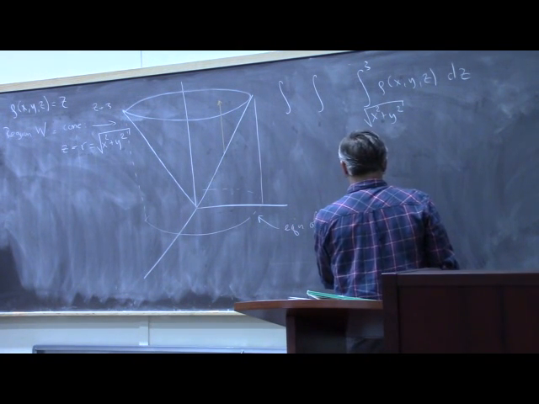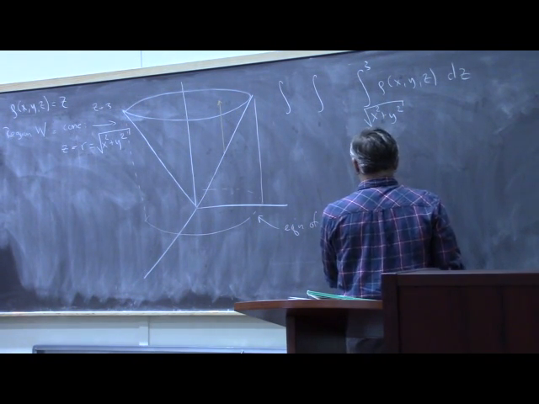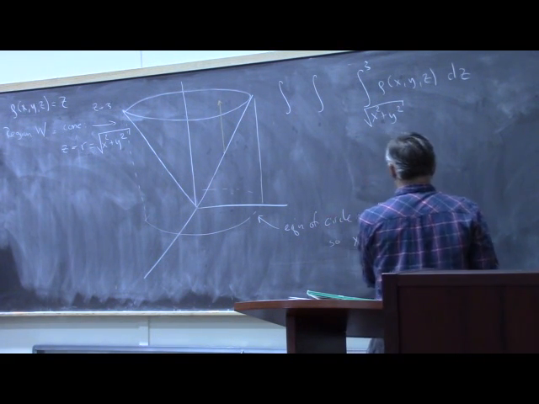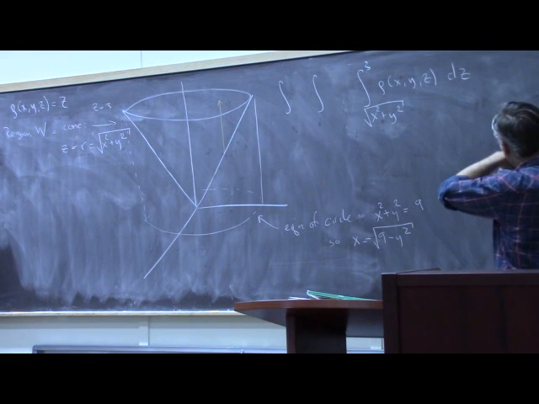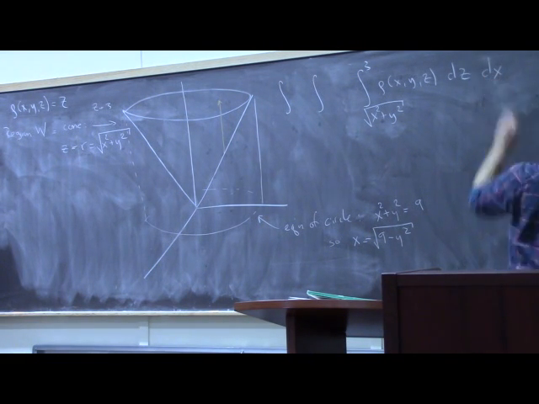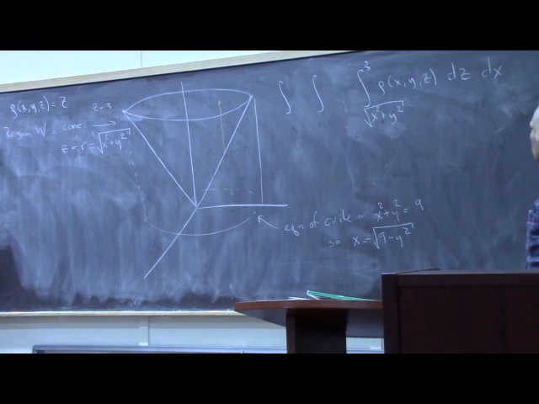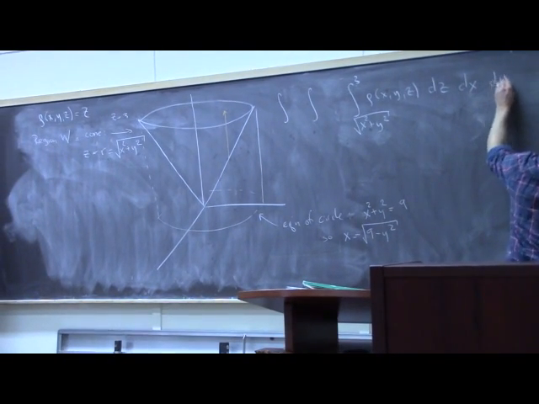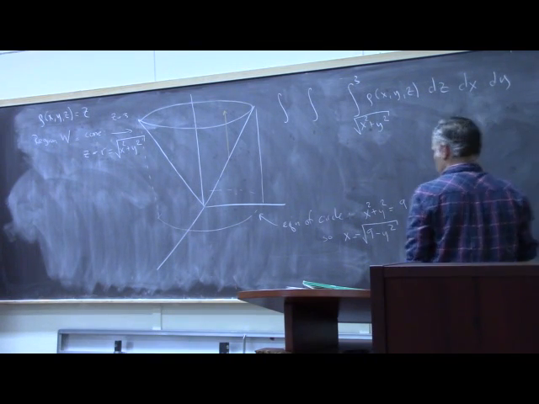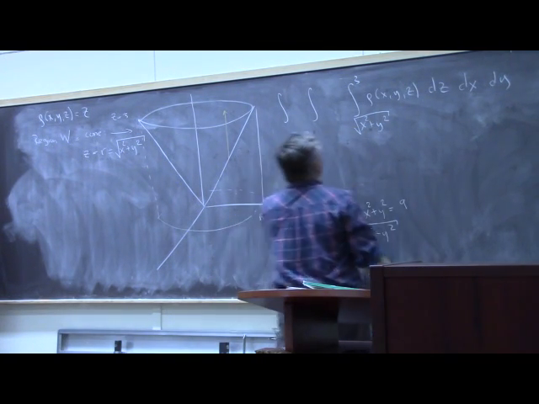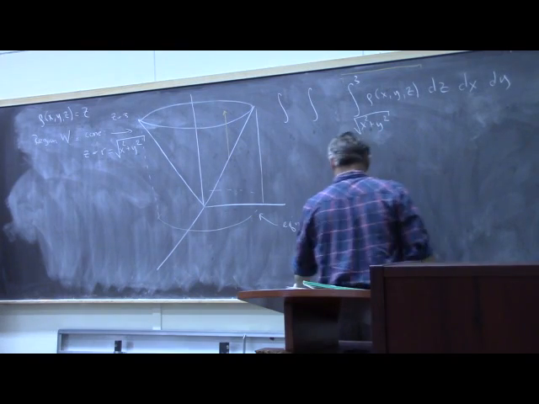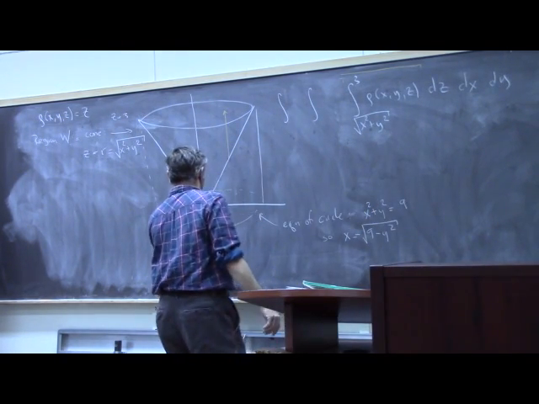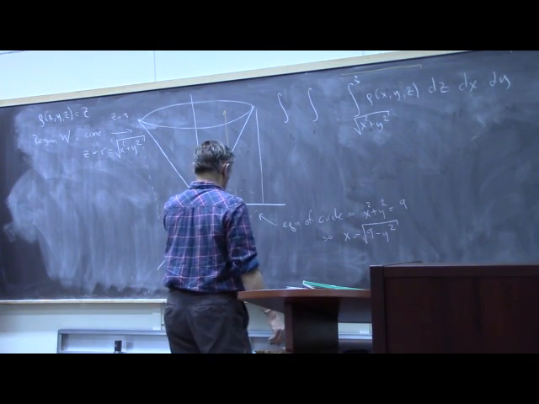So let's say x is the square root of 9 minus y squared. So let's do x next. Then I should maybe color code these things. If I'm doing x, that's going to be my x.